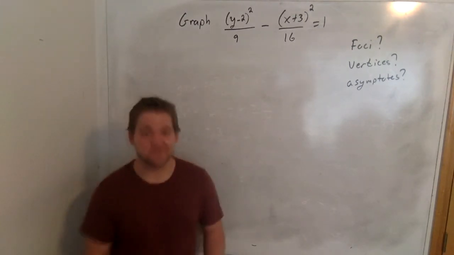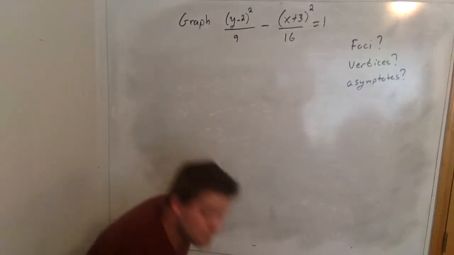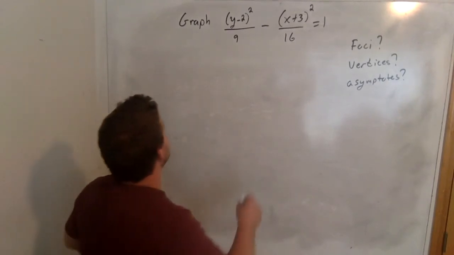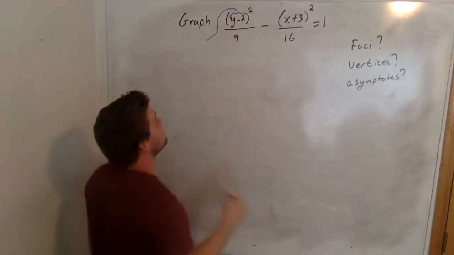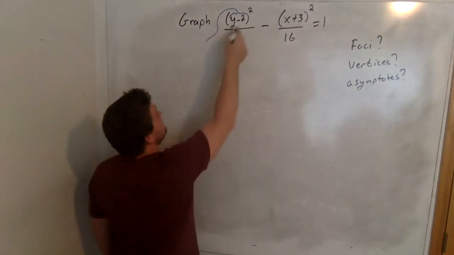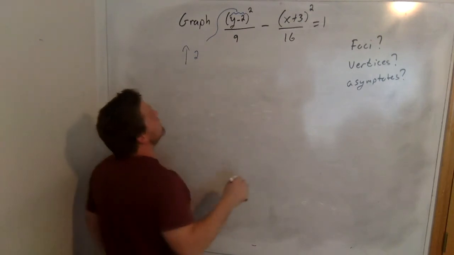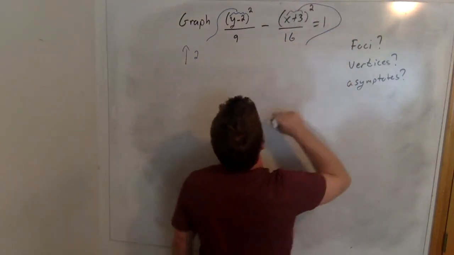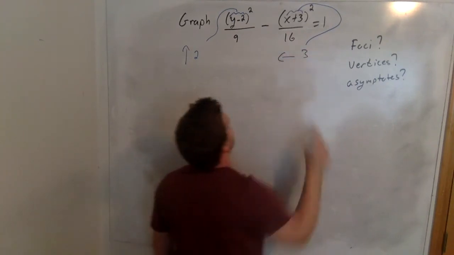Okay, let's do it together. The first thing we're going to want to think about is where the center has been shifted. So here, we should notice that the hyperbola has been shifted. In this case, it will be shifted up 2 units. And here, this will be telling us that the hyperbola has been shifted, looks like, to the left 3 units.